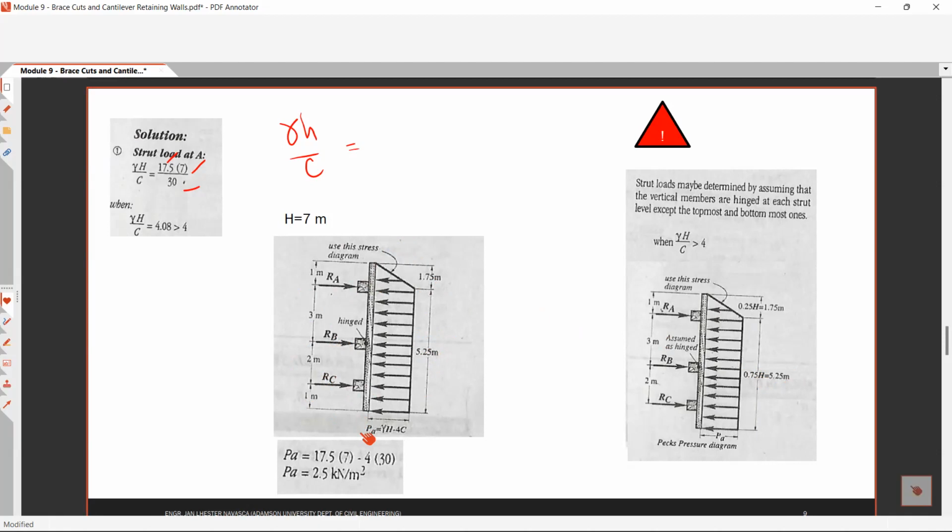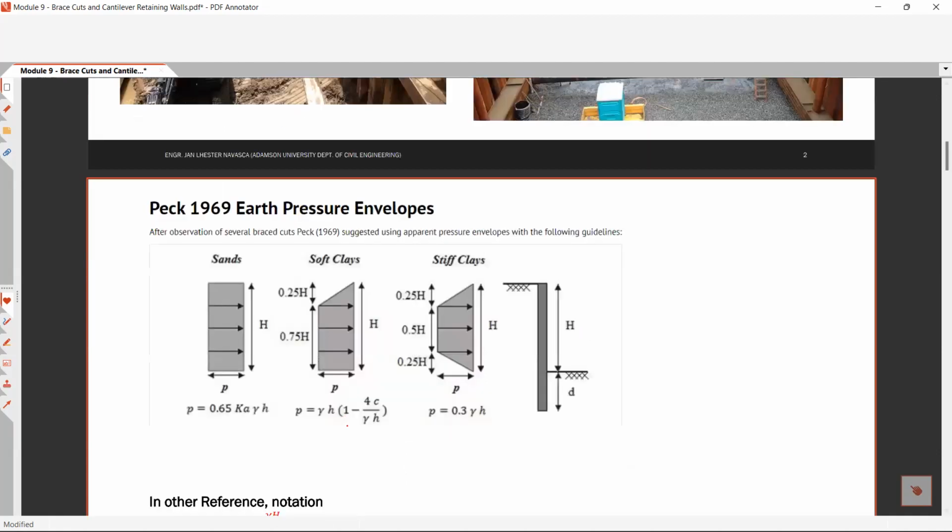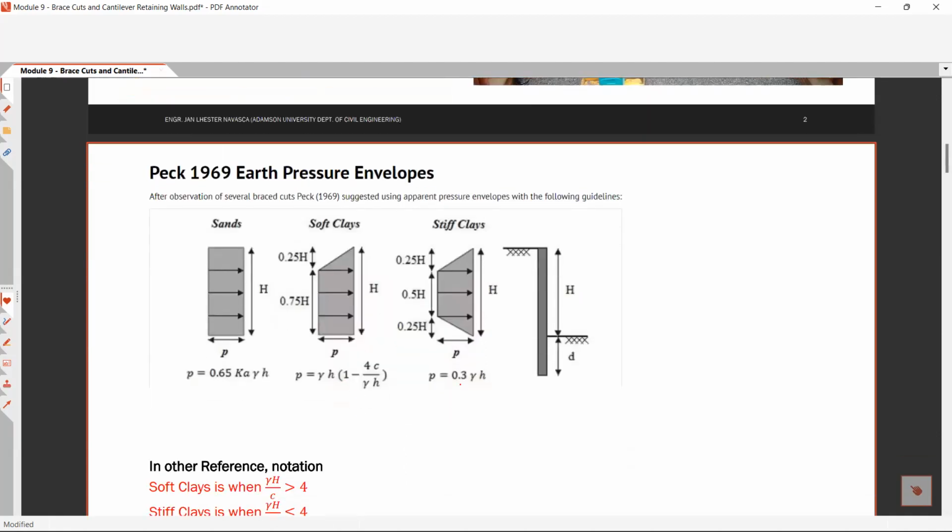Okay, so saan nanggaling tong gamma H minus 4C? In the formula, we have here gamma H multiplied by 1 minus 4C over gamma H. So distribute mo lang yung gamma H, you get P equals gamma H minus 4C. Okay? Dito lang yan. I-distribute mo lang.